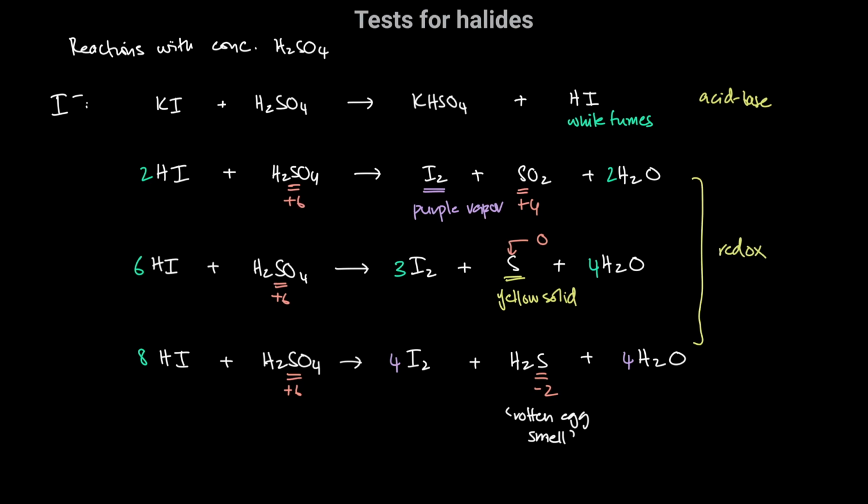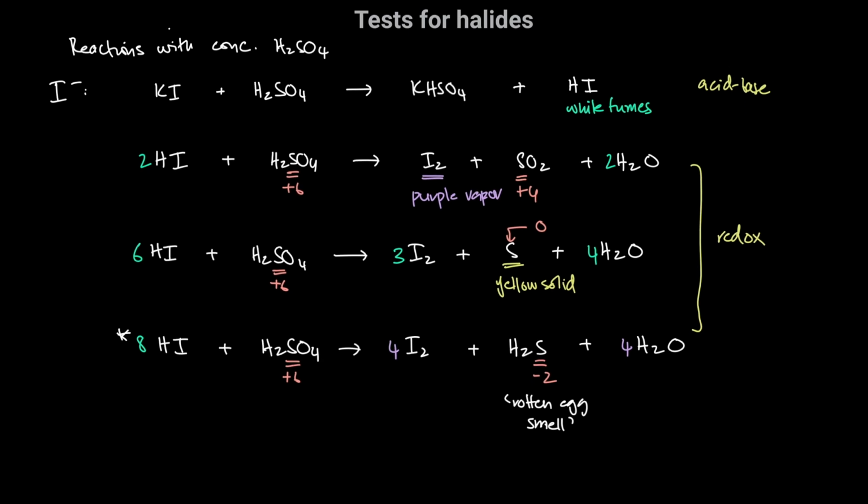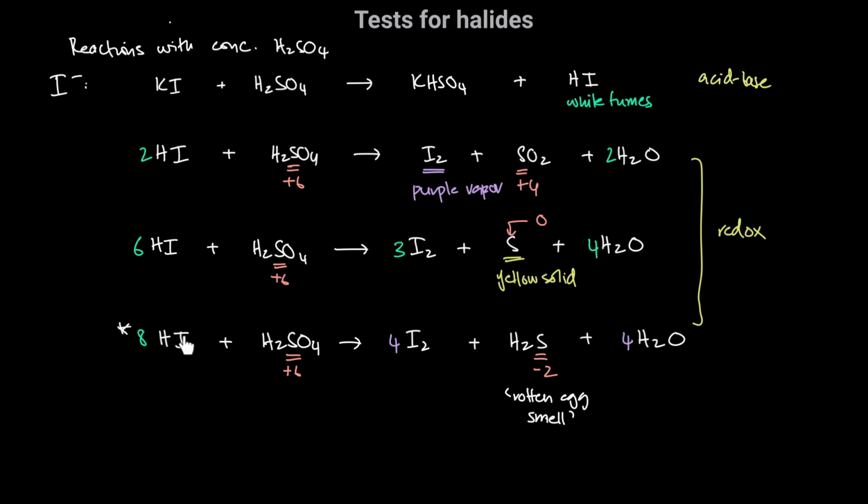Now this equation here is the one that you should definitely know, because this is the greatest extent of reduction of sulfuric acid, when we form hydrogen sulfide from sulfuric acid. So if you were asked to just write the equation for the reaction between hydrogen iodide and sulfuric acid, we would show the greatest extent of reduction, which would be the formation of hydrogen sulfide.